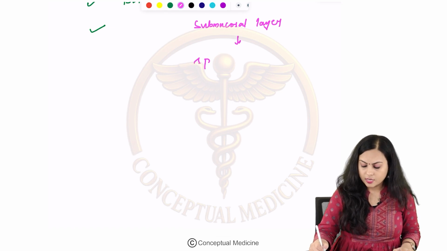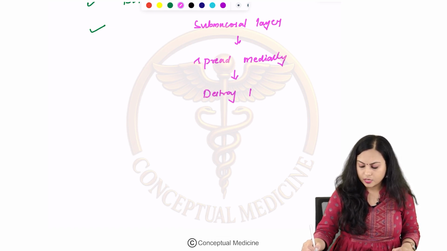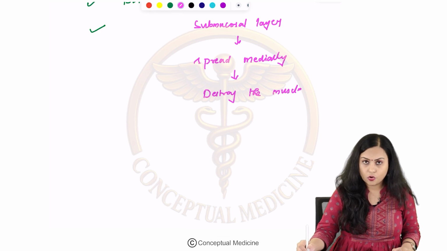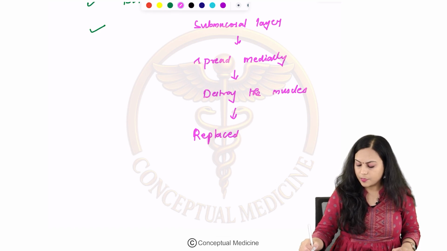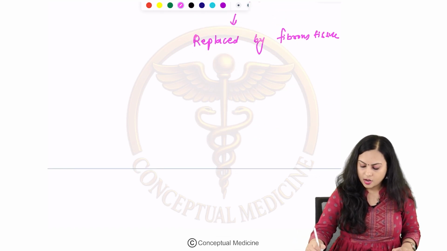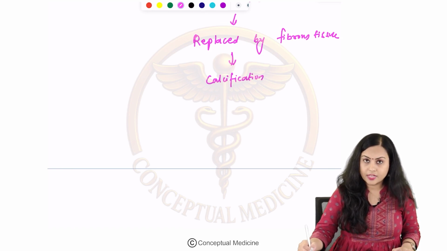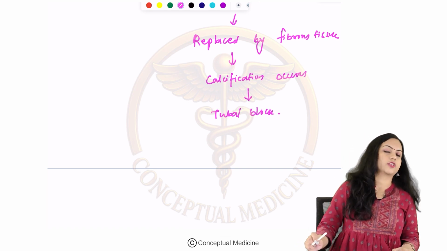From that, it can spread medially, can destroy the muscles of the tube, which can be replaced by fibrous tissue, following which calcification occurs and there is tubal block presentation.